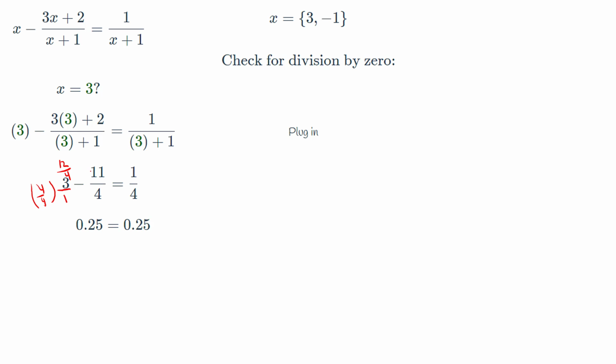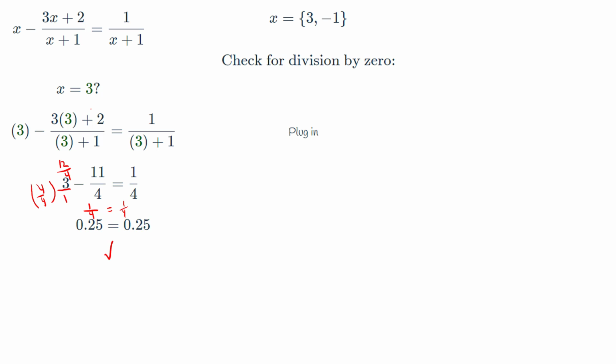So if you took 12 minus 11, that would give you 1, and you still have the denominator 4. So that would still equal 1/4 over 1/4, which is 0.25 equals 0.25. So the 3 works. That one's good.